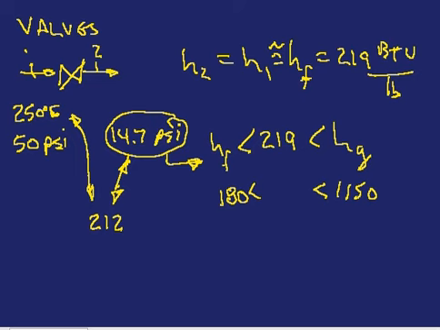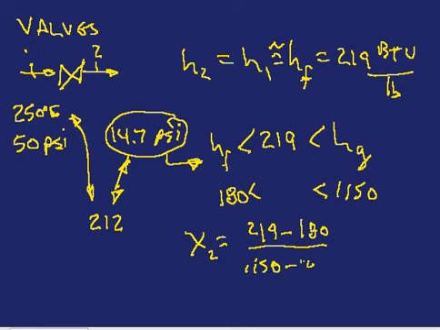Now if we calculate the quality, X out of the valve, X2 is equal to 219 minus 180 divided by 1150 minus 180 coming out of the valve, and that comes to approximately 4%. So 4% of it had to vaporize, because it's at this state.